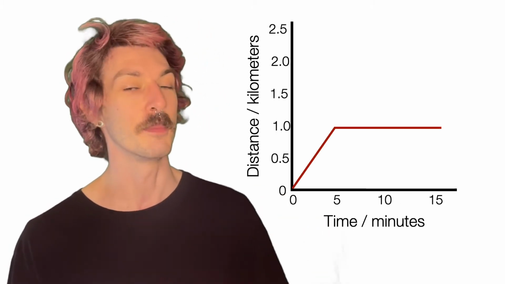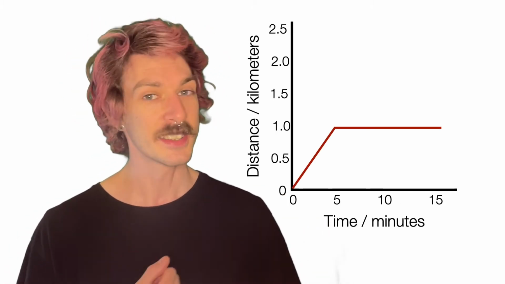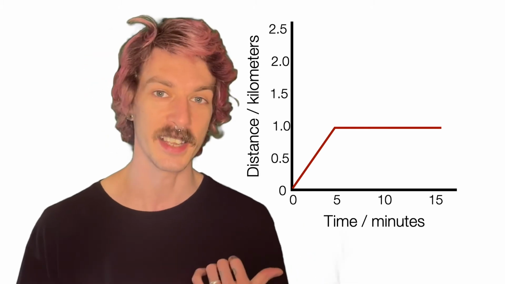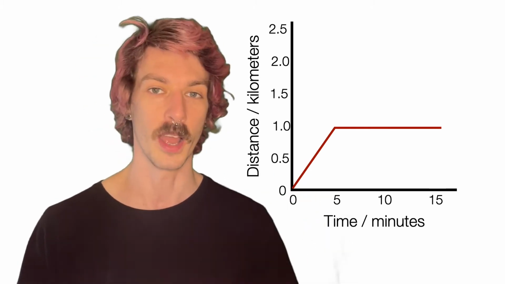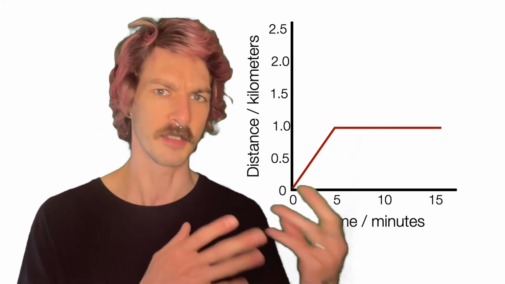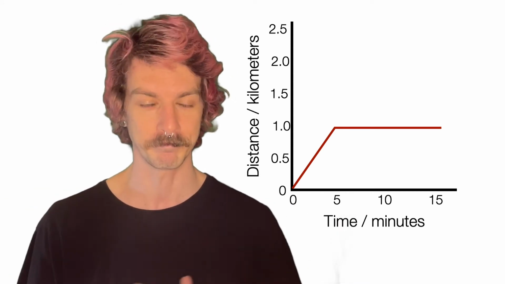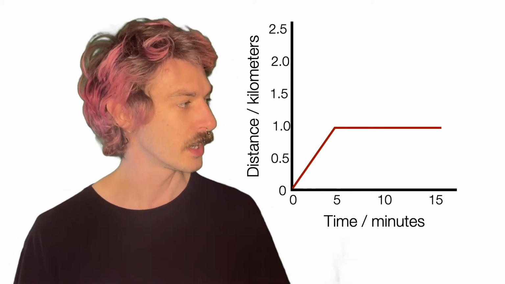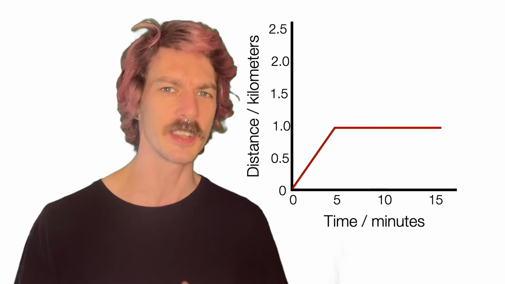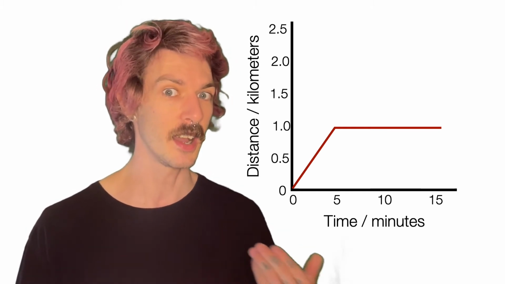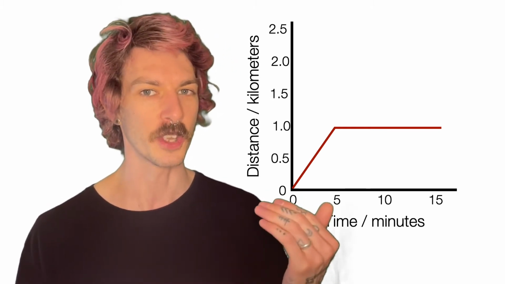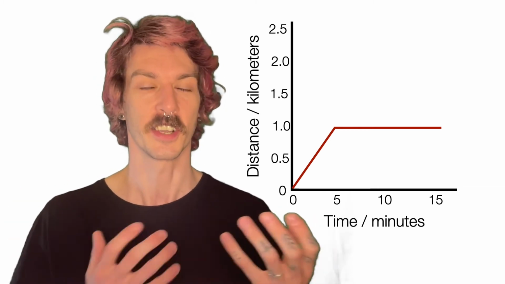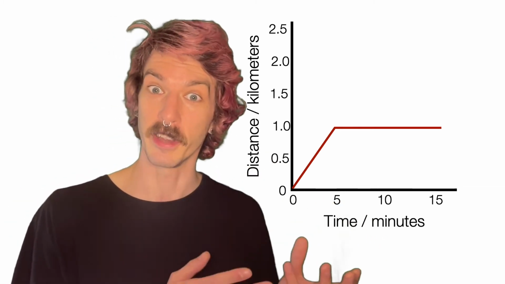Here's a graph showing the motion of a bus. You can see that we have time on the x-axis and distance on the y-axis. So we're looking at how the distance of that bus changes over time. Okay, so now when we look at the data itself, it shows that at first, as the time increases, the distance also increases. If distance is increasing over time, that means the bus is moving.